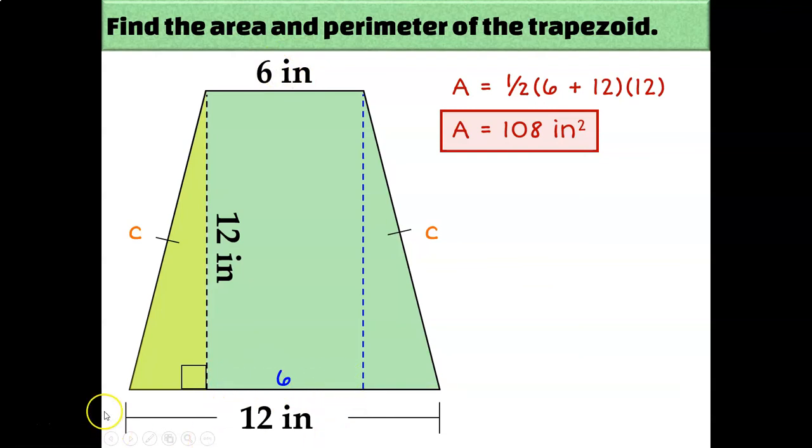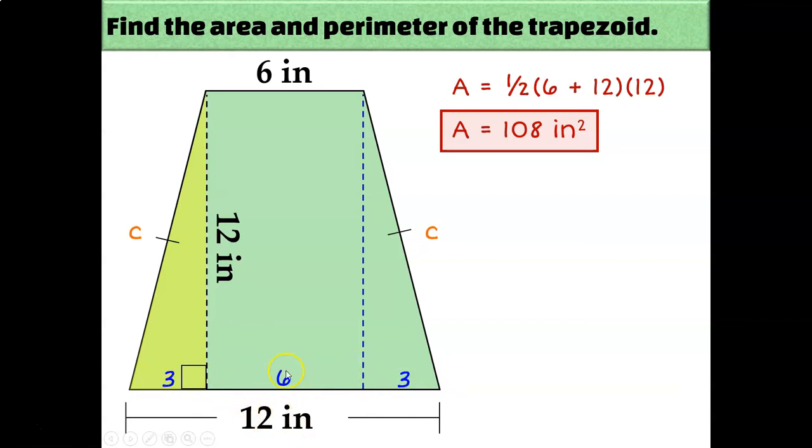And since we had a total of 12 inches for this base, and I've used 6 of those inches for this section, I have 6 inches left over to divide between for each of these lengths. And they have to be the same, right? Because these 2 markings tell me that these sides are congruent. So if I divide the remaining 6 inches up evenly, this has to be 3 and this has to be 3. Quick double check, is 3 plus 6 plus 3 12?